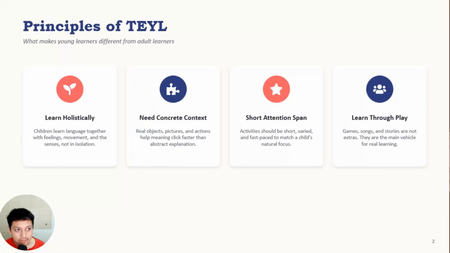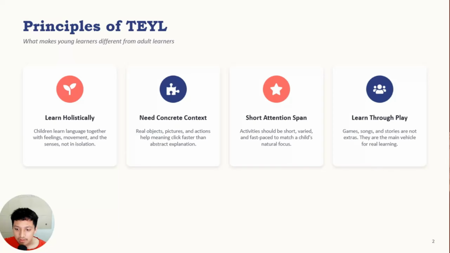The principle of TYL. So let's talk about the principle of TYL. Why do we need a different approach for children compared to adults? Okay, point one, learn holistically.